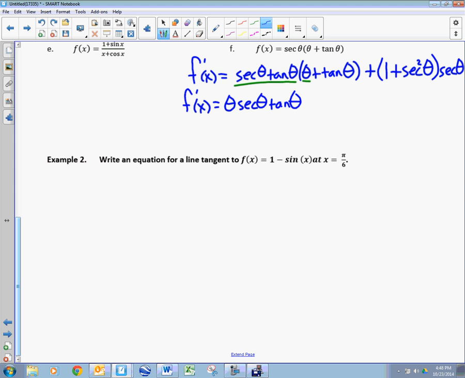Secant theta tangent of theta times tangent gives me secant theta tangent squared of theta. And then if I distribute my secant through on the next side, I have plus secant theta plus secant cubed theta.